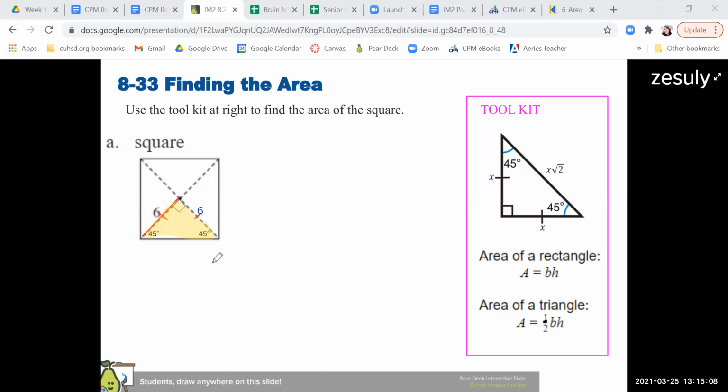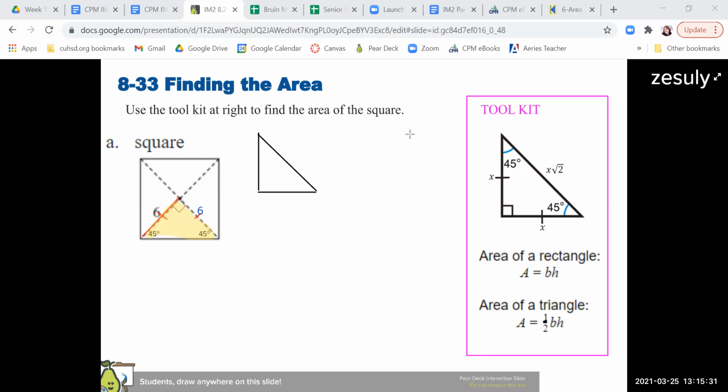I'm actually going to redraw that triangle, and I'm going to orient it in a way that might be more useful for us. I'm going to take this triangle that I highlighted in yellow, and redraw it up here so that the right angle is there instead.